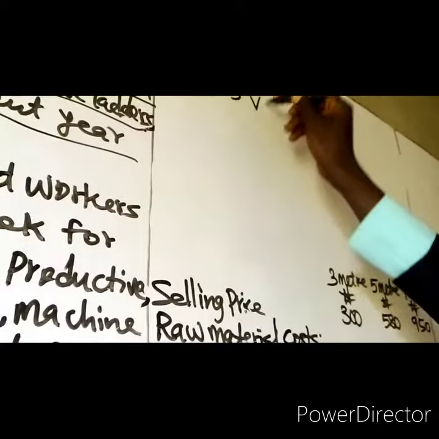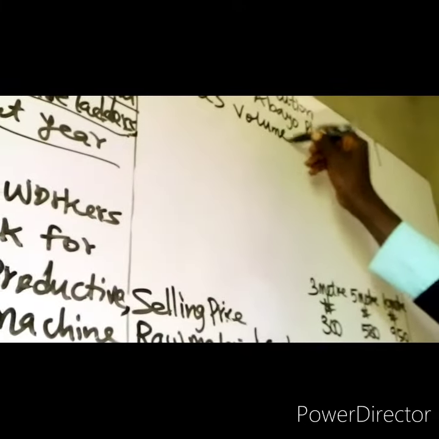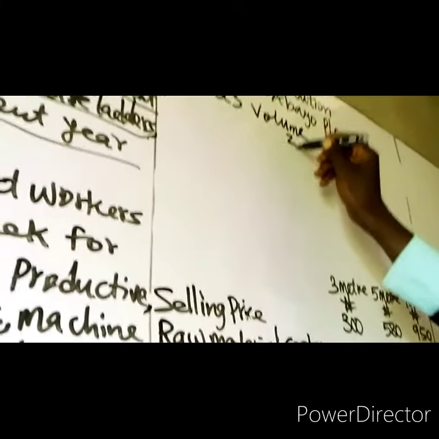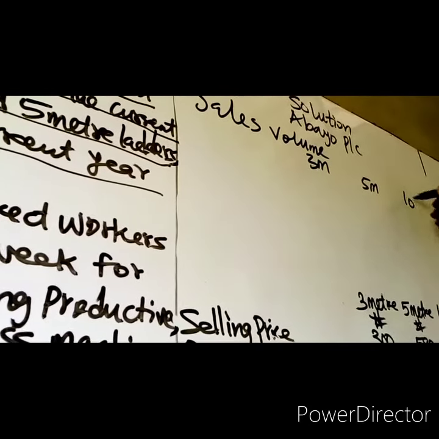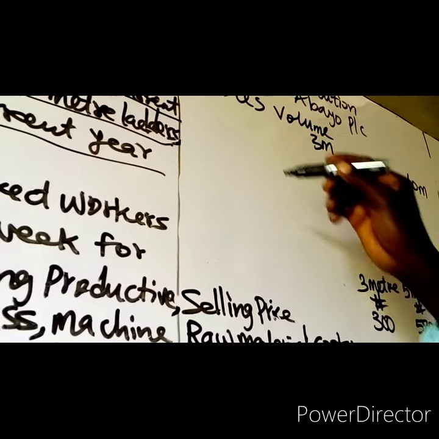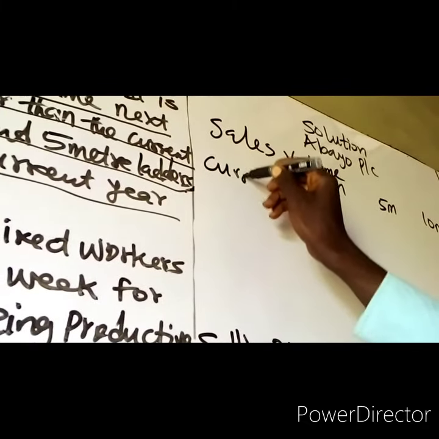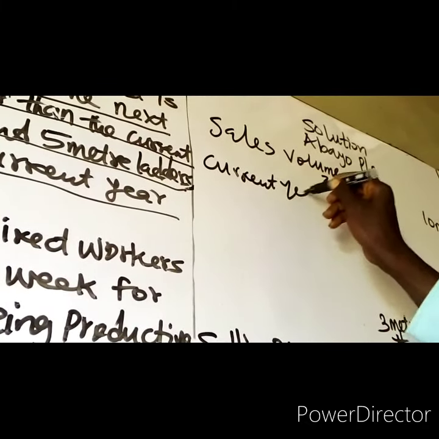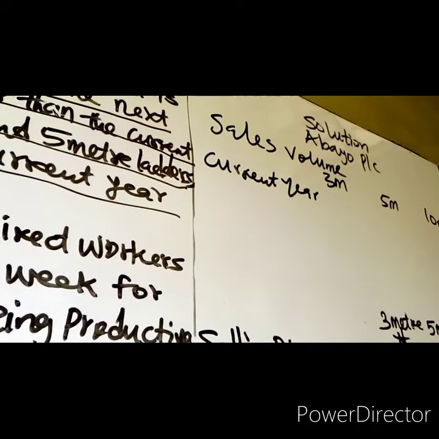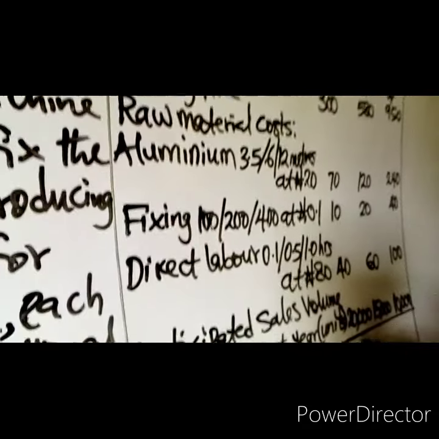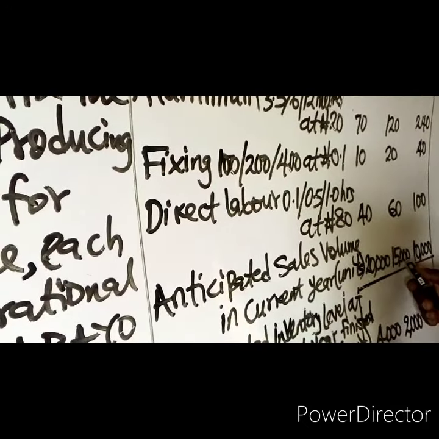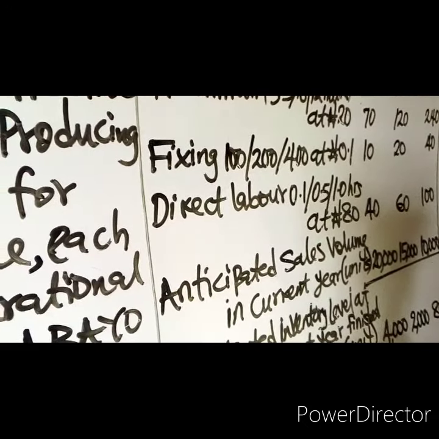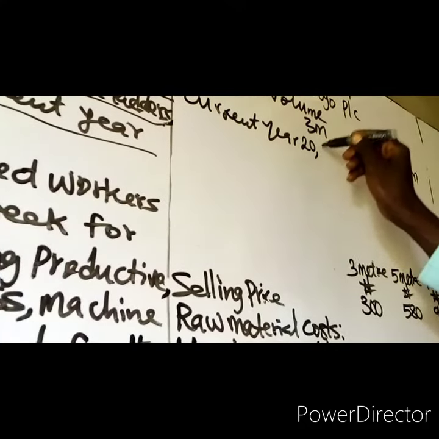So, sales volume. You have for 3 meter, 5 meter, and 10 meter. You were given current year sales volume. Current year sales volume is 20,000 units, 15,000 units, and 10,000 units respectively.